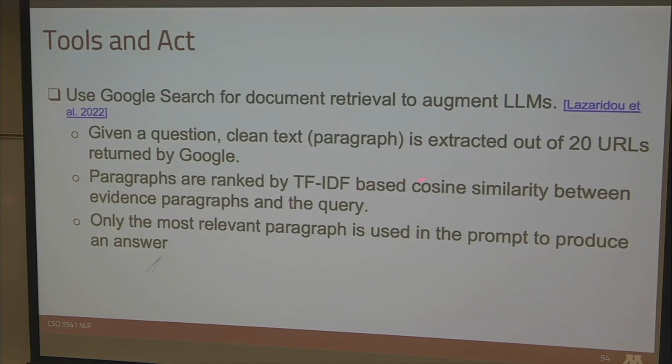And then they just use the highly rated ones as part of their input prompt. So only the most relevant paragraph is used in the prompt to produce the answer. But in this paper, they just used this calling of the Google Search Engine API as a single tool.